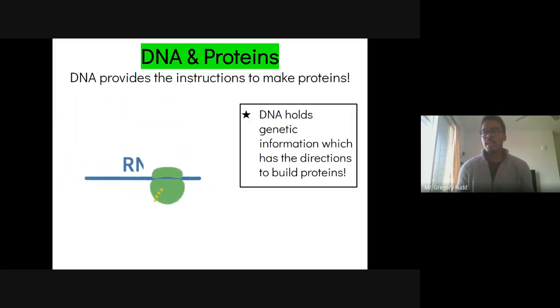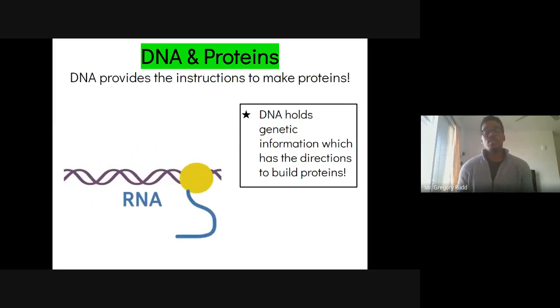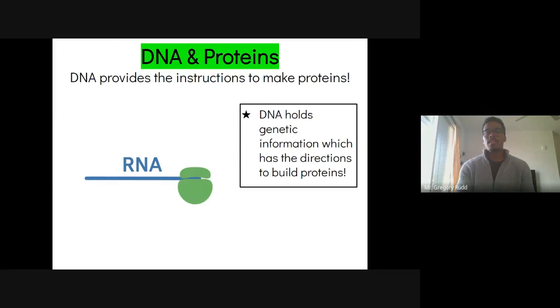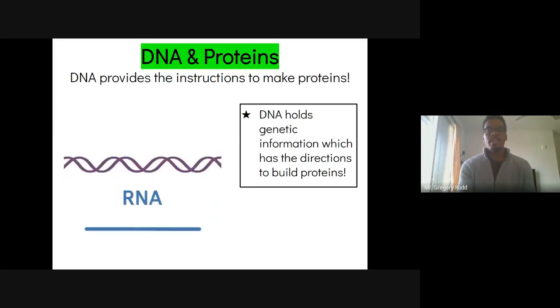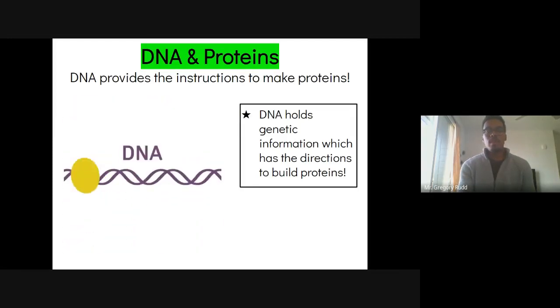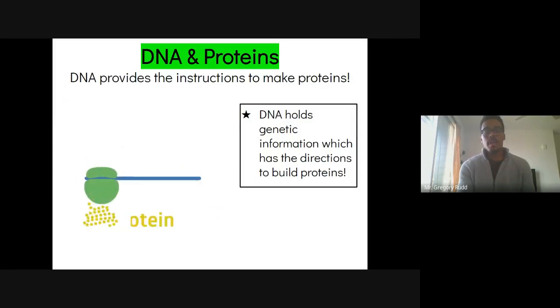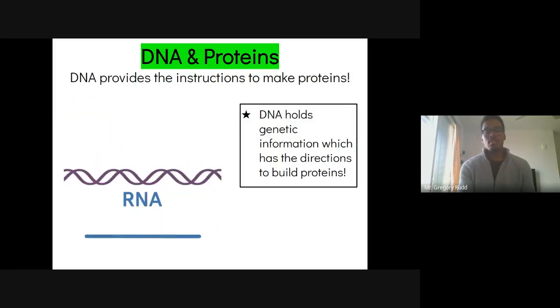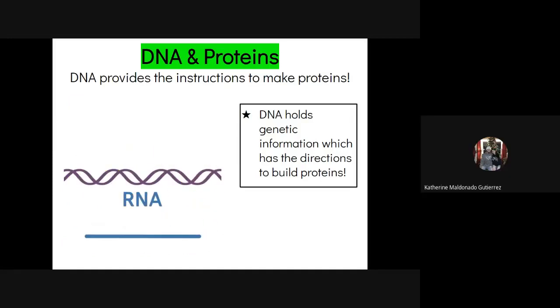So we start off with DNA and we eventually can get to a protein. The DNA is the general instruction manual. It tells the cell what it needs to do and what it needs to use in order to make a protein. Do we write what's in the box too?